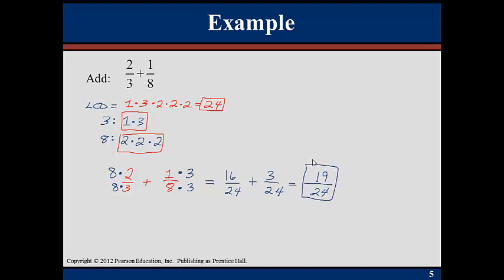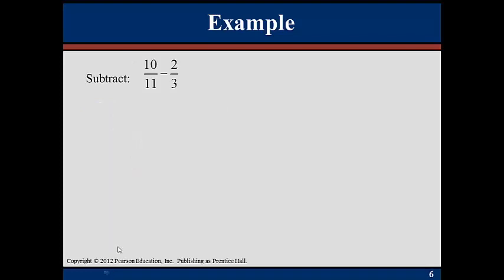So it's 19/24. Now we're subtracting, so we have 10 over 11 minus 2/3. So again, let's find the LCD. Start by finding the LCD by writing down each denominator, and then writing the prime factorization. So 11 is the same as saying 1 times 11, and 3 is the same as saying 1 times 3.